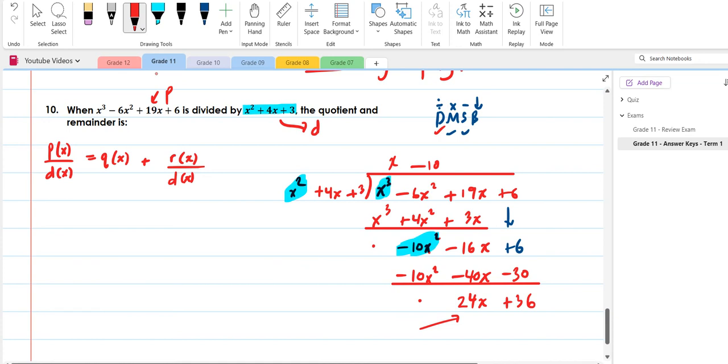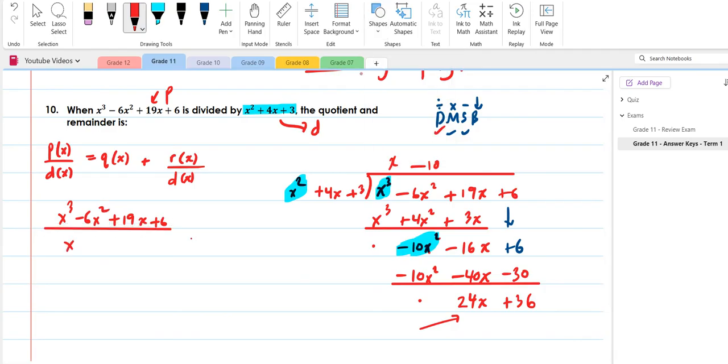If I have to write it in this form, p is x cubed minus 6x squared plus 19x plus 6, and if we divide it by x squared plus 4x plus 3, we get this answer: x minus 10, which is the quotient, plus the remainder 24x plus 36 all over d of x, which is x squared plus 4x plus 3, and that's my answer.